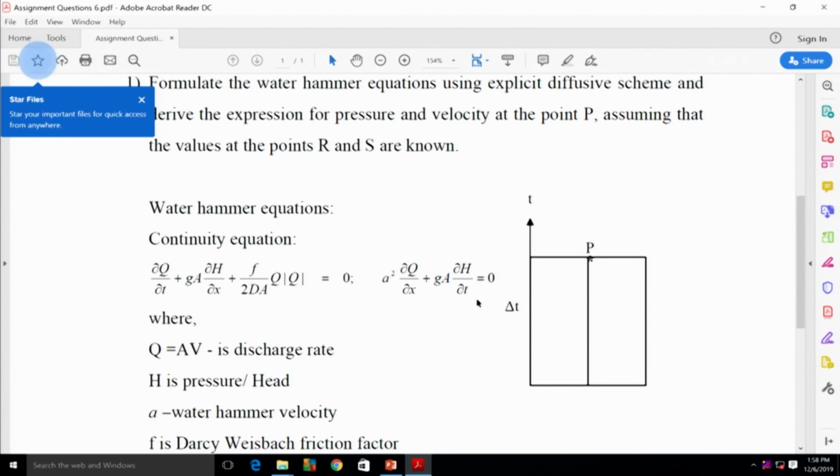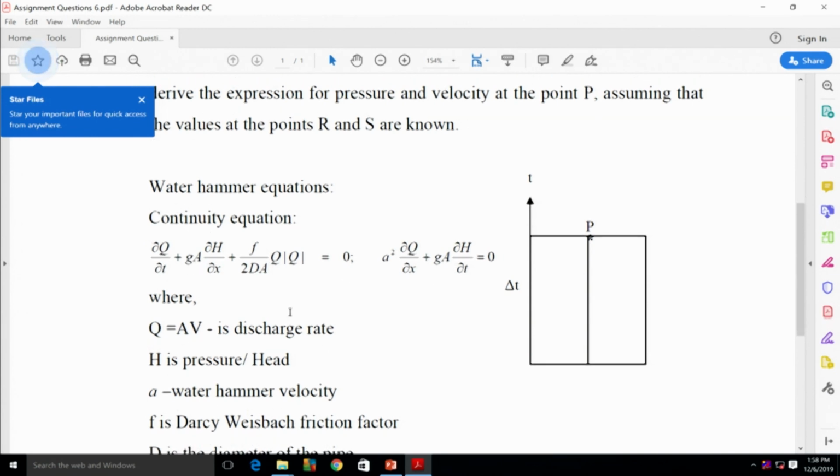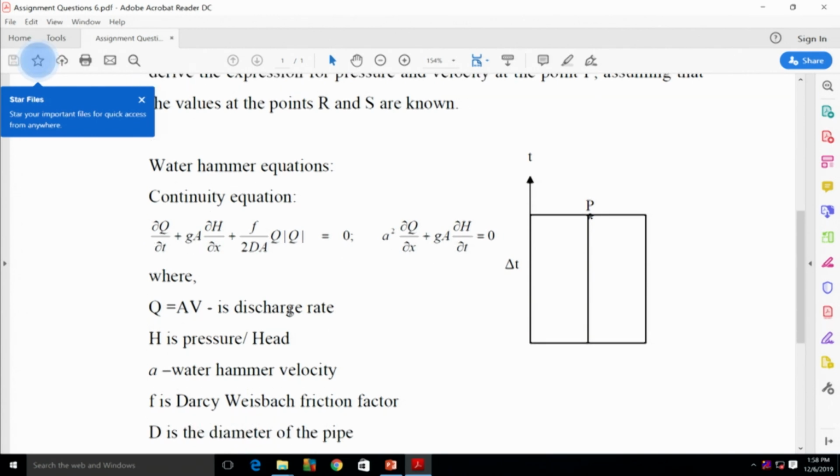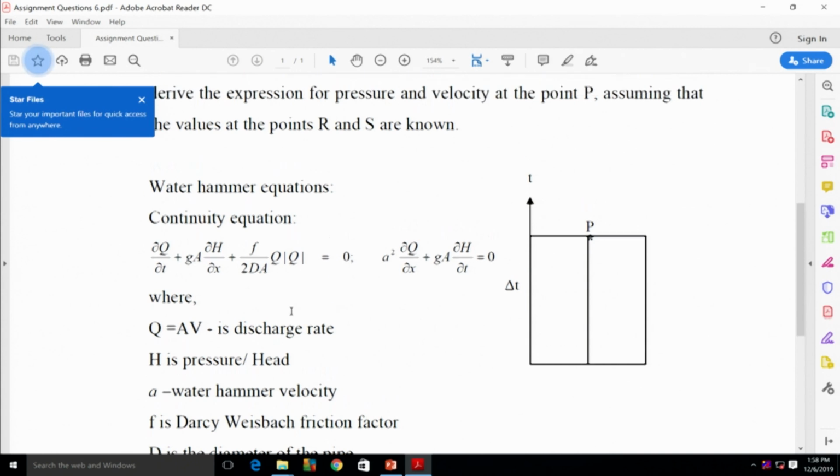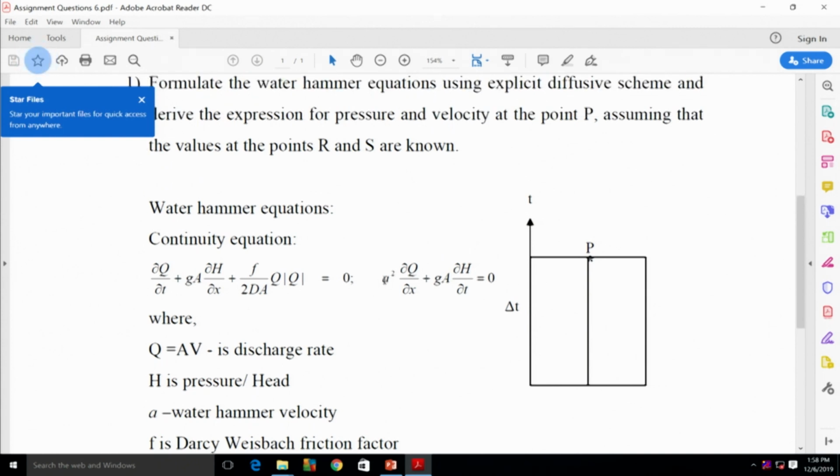This is the dynamic equation, and then the continuity equation: a square into del Q by del X plus gA into del H by del T. H is the head or the pressure, T is the time, Q is equal to A into V the flow rate, A is the cross-section area, and g is the acceleration due to gravity. This water hammer equation is used in pipe flows, f is the Darcy-Weisbach friction factor, D is the diameter of the pipe, and a is the water hammer wave velocity.